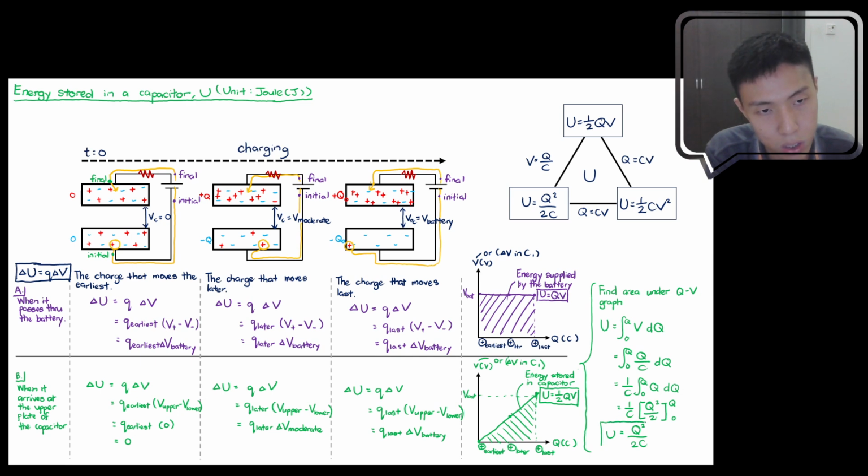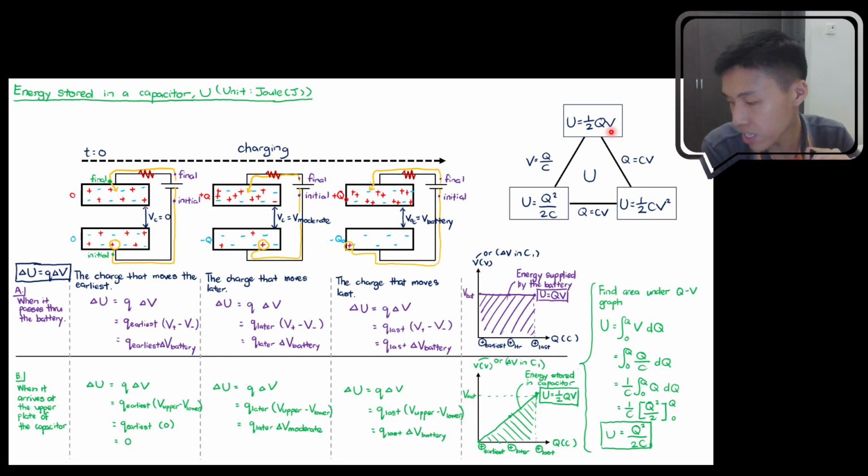So if you want to solve it by integration, you get U is equals to Q squared over 2C. If you want to solve it by looking at it as a triangle, this is just U equals half QV. And of course, if you use the definition of Q equal to CV, you can switch them around as I've explained earlier.